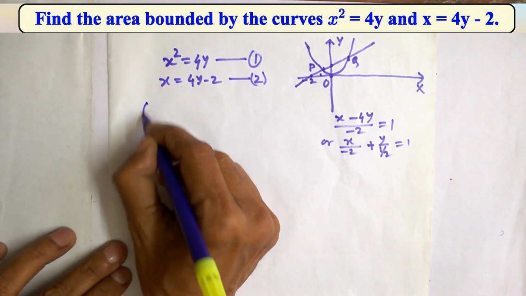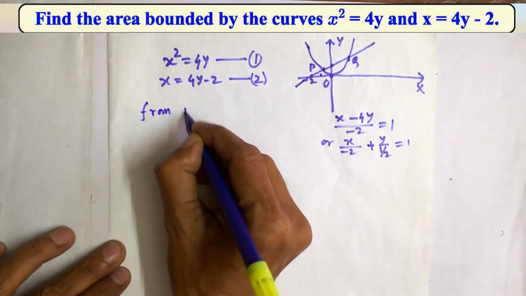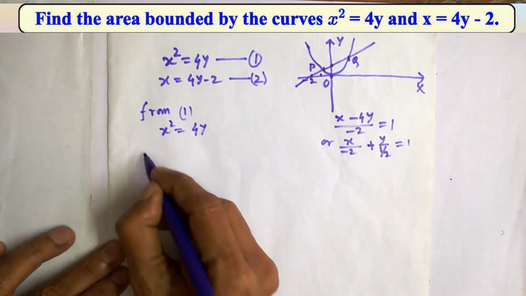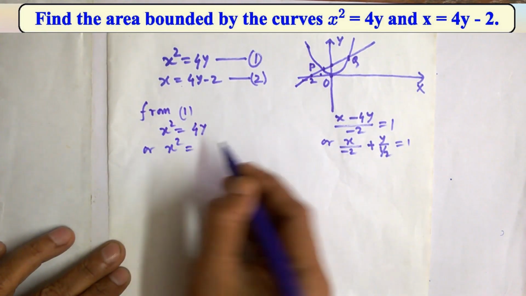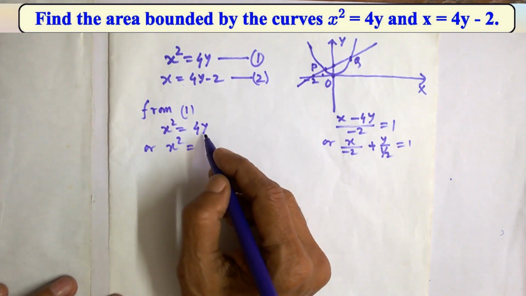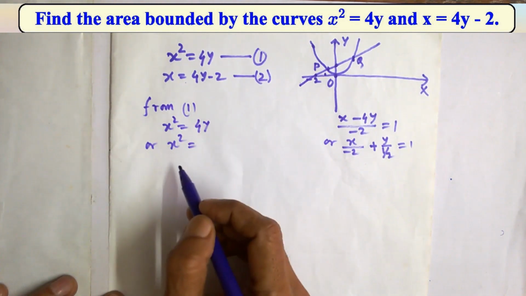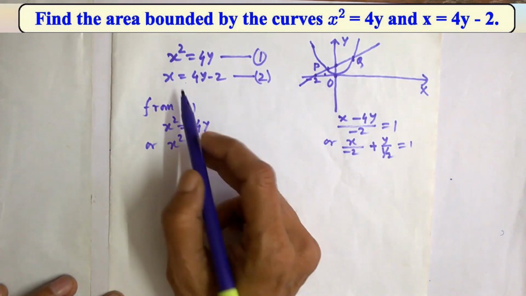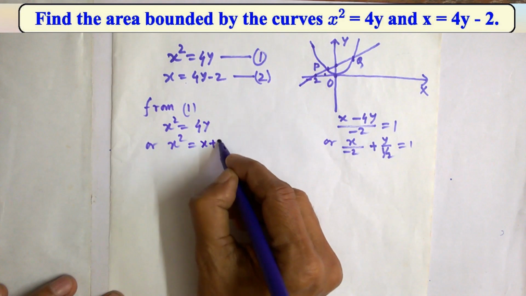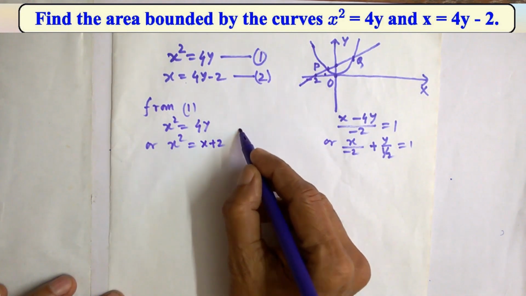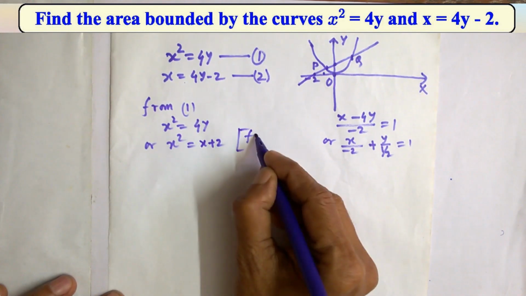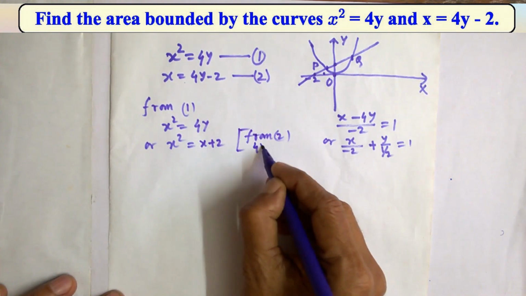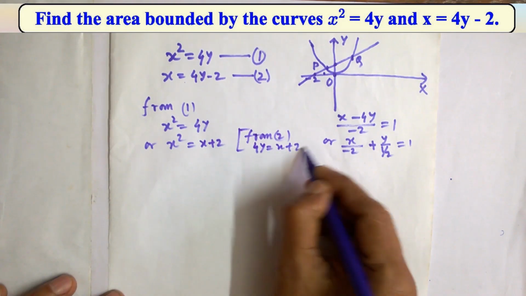From 1, x square is equal to 4y, and from 2, 4y is equal to x plus 2.